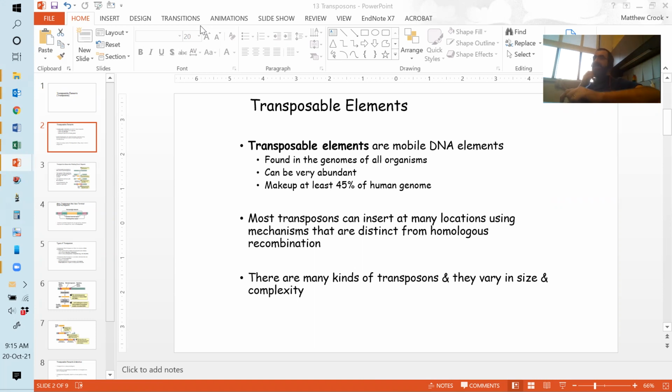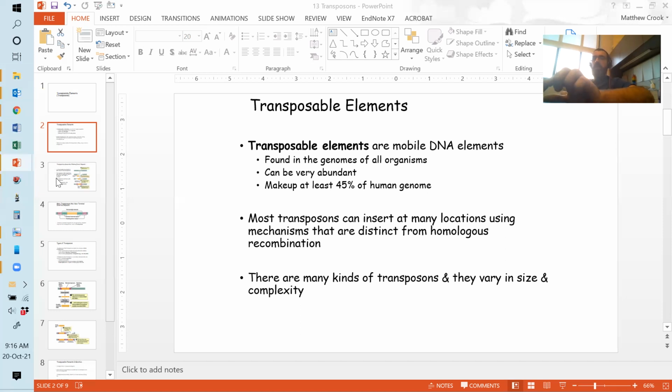Remember we were talking about the C-value paradox or enigma? Transposons are one of the reasons for that, right? And so they are able to move around and insert and cut themselves out, copy themselves in a way that is very much distinct from homologous recombination, right? And we'll talk about how this works in a second.